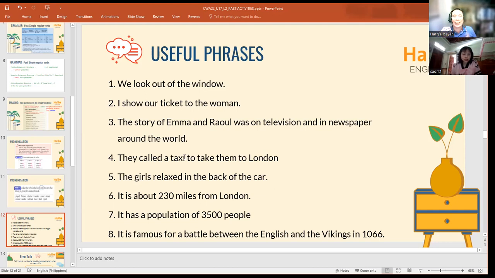Okay, so remember what happened in the story of Emma and Raul, right? So they went to, what place is that? I hope you can still remember that one. So they ride a plane, they booked the ticket, but they booked to a different place, right?